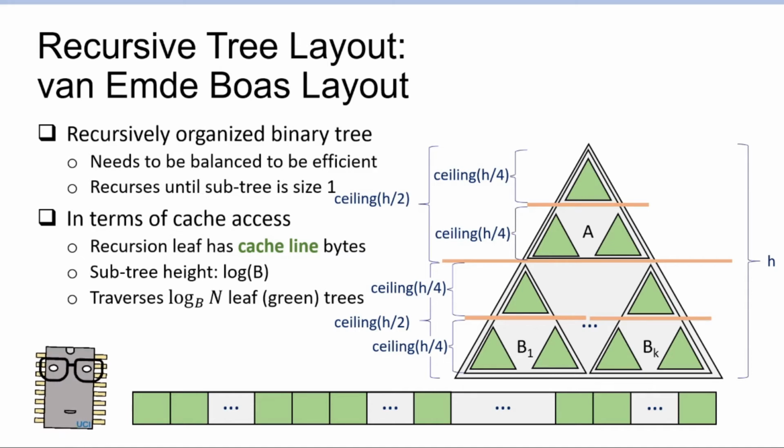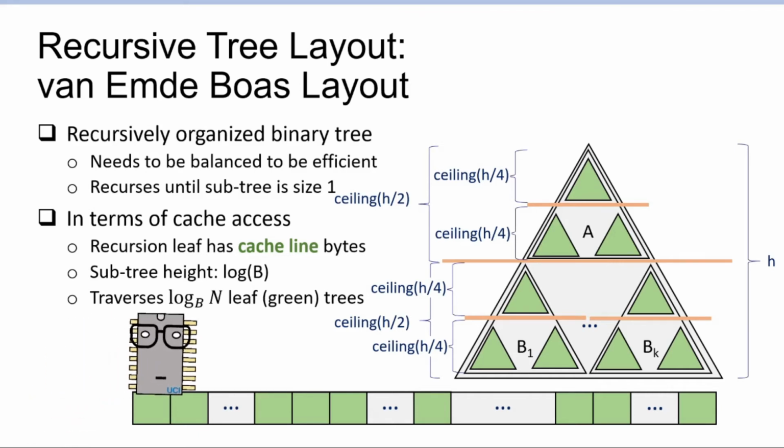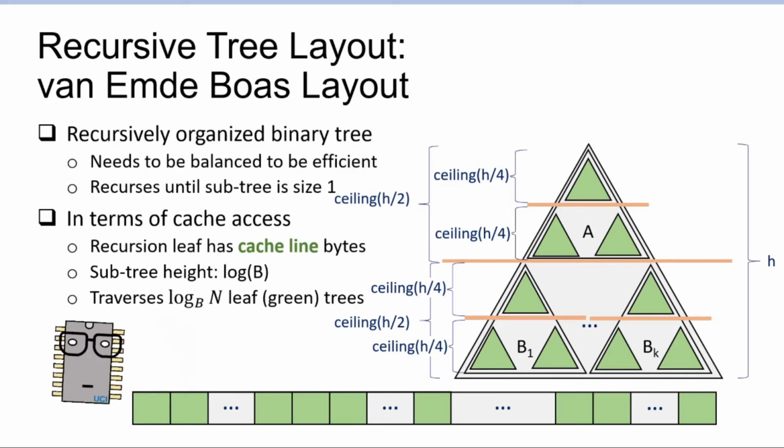And the subtree height becomes log 2 of B, where B is the cache line size. So we're going to traverse log B of n leaf trees. So we're going to have log B of n cache misses.